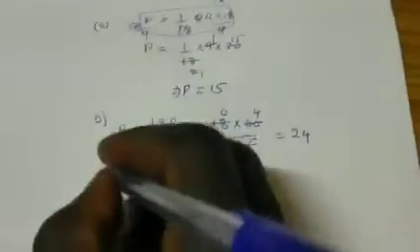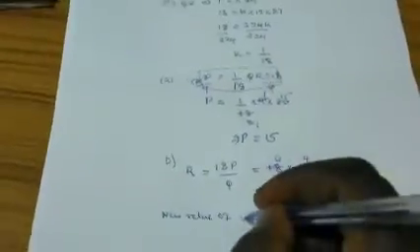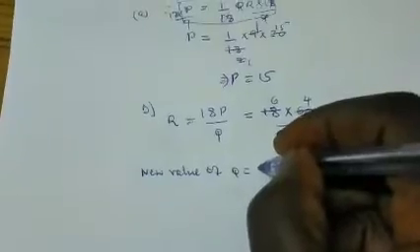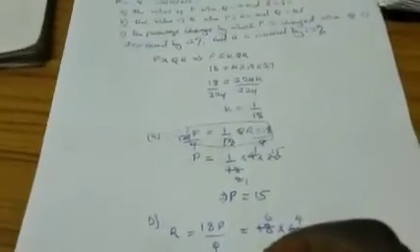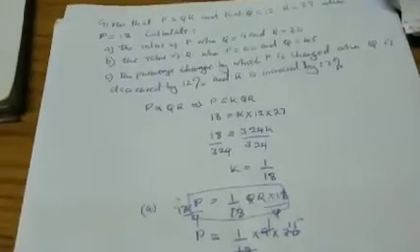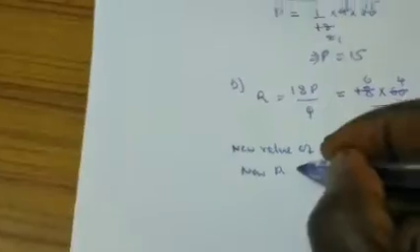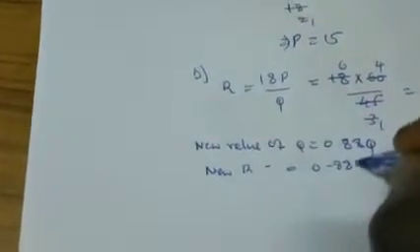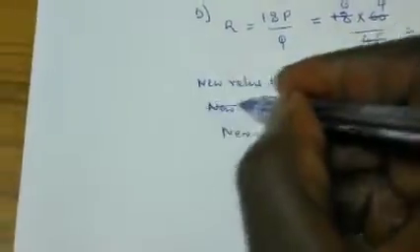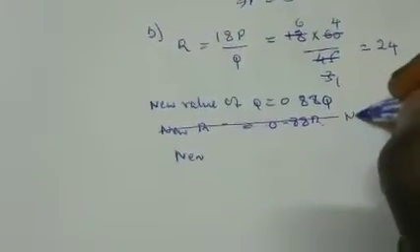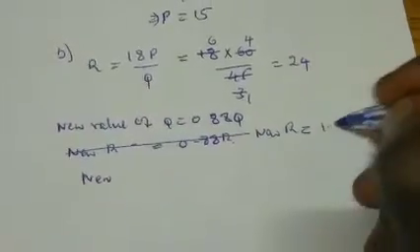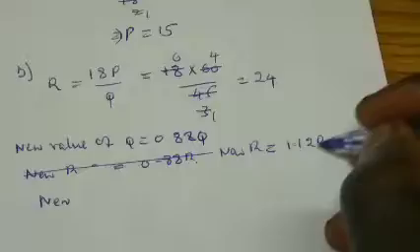So we want the new value of Q, which will be 0.88 of the original Q. R is increased by 12%, so the new R will now be 1.12 R, because R has been increased, and Q has been decreased.